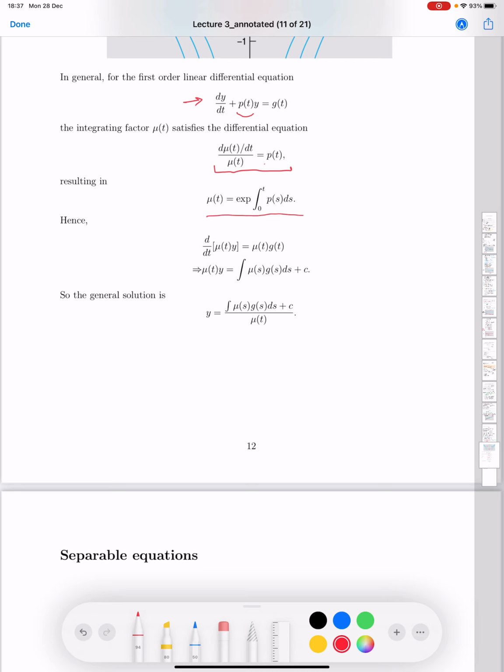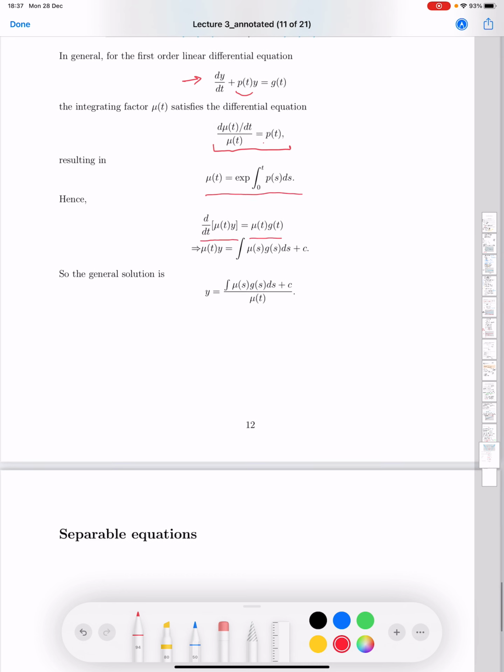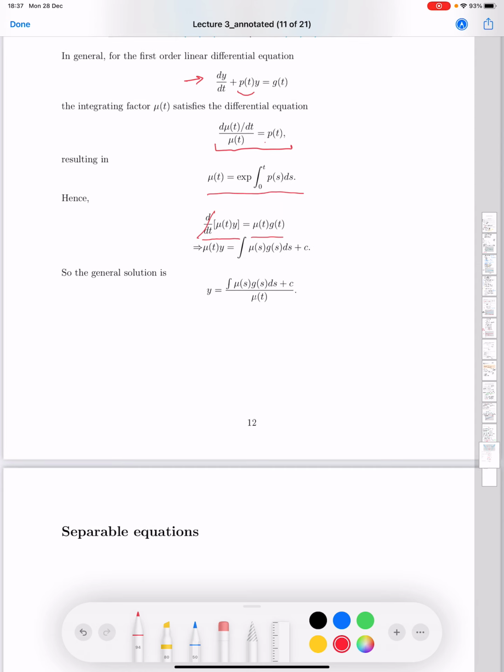And then I will go back and multiply my mu into the original equation. And I know that on the left-hand side, I will have the derivative of the multiplication of mu and y, and on the right, I will have mu and g multiplied together. And then I will just have another integration, right? On the left-hand side, this will just go away, and on the right-hand side, I will have the integral form.